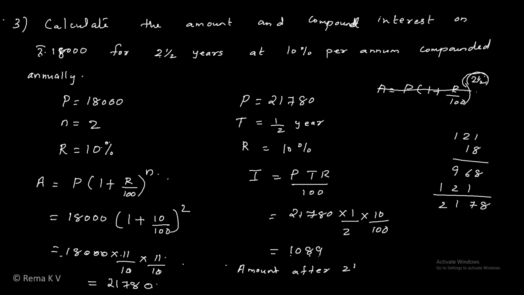Now the amount. Amount after 2.5 years is 21,780 plus 1,089.